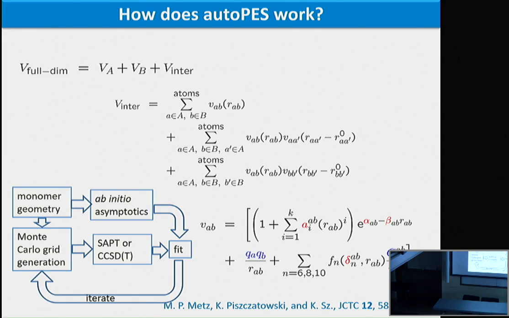We can use SAPT, we can use CCSD, we can use basically any method. Our program is interfaced to Orca, to MolPro, and any method which is there can be used. Then we fit, and then we iterate. We don't iterate like Roman. What we do is we just have the grid set divided into a training set and a test set, and if the results are not close on both sets, we iterate until it agrees.